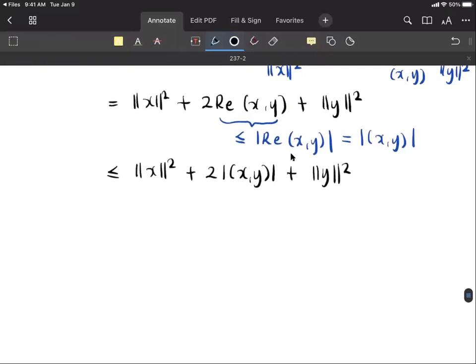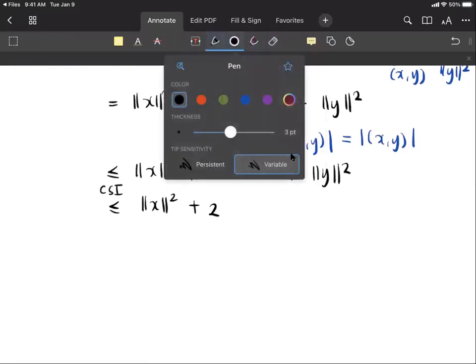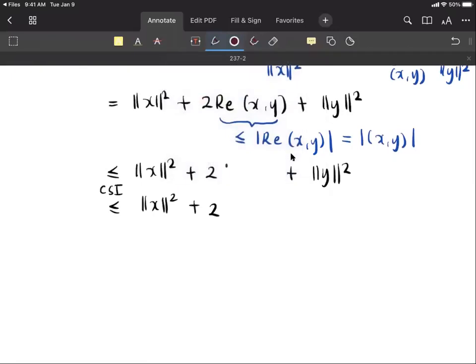Now, I will apply the Cauchy-Schwarz inequality. So the Cauchy-Schwarz inequality here is the following. Let me put back the absolute value of the inner product. It is less than or equal to the product of the norms.